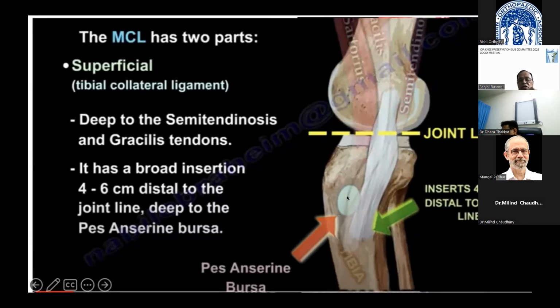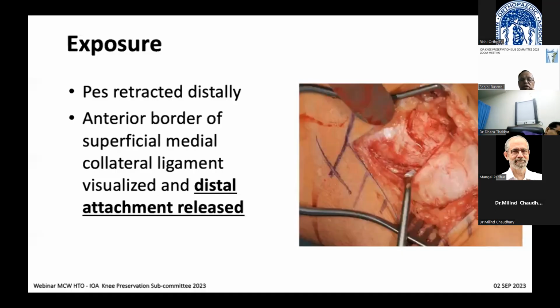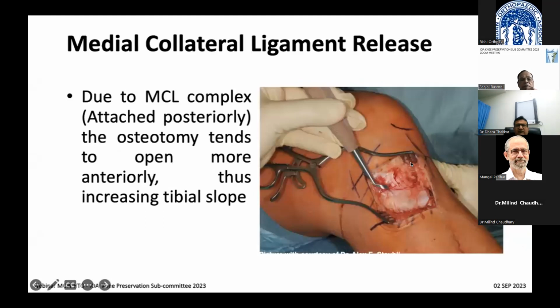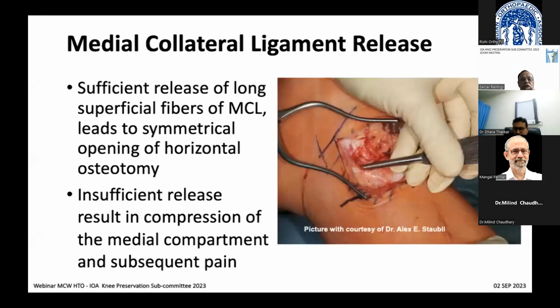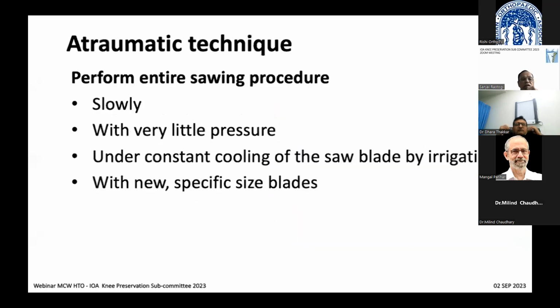If it is not released, there is more opening on the anterior side, leading to increased slope of the tibia. So it is essential to release the medial collateral ligament, and for this we retract the pes distally and raise this MCL, to avoid knee pain on the medial side later.